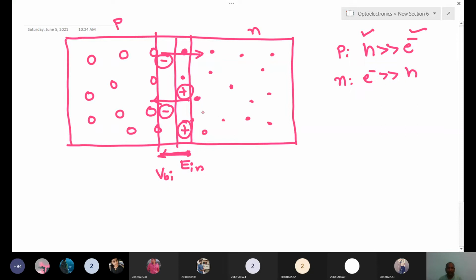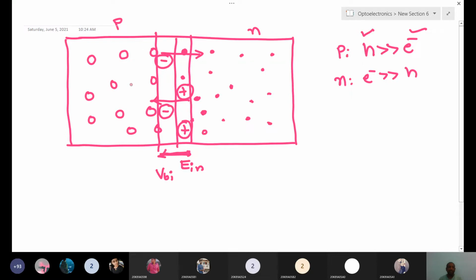This electron wants to go to the P side because of the higher density, but it sees a barrier, a height or depletion width. So the electron cannot cross this barrier.